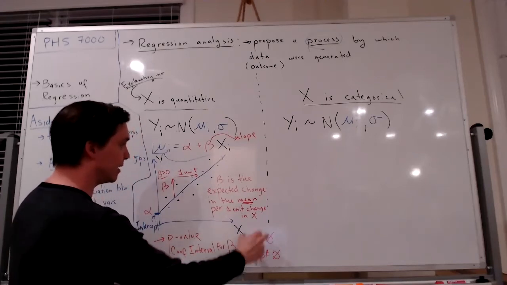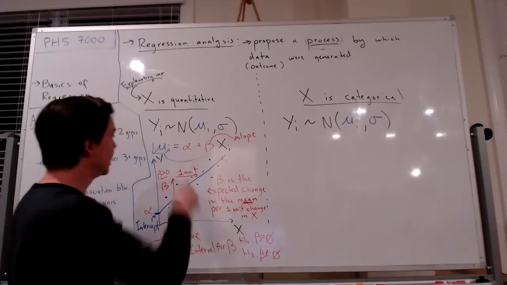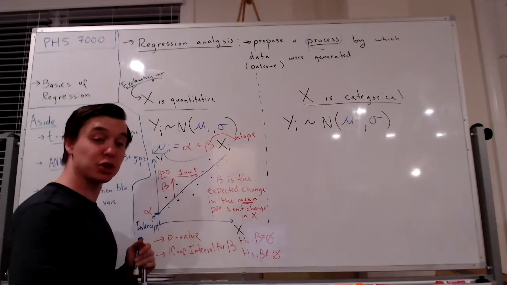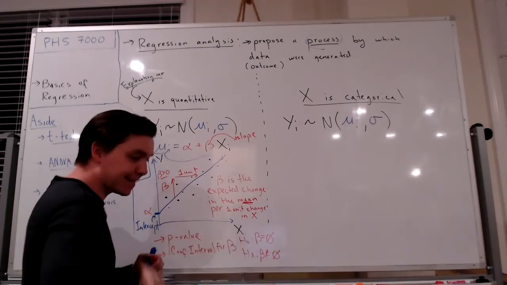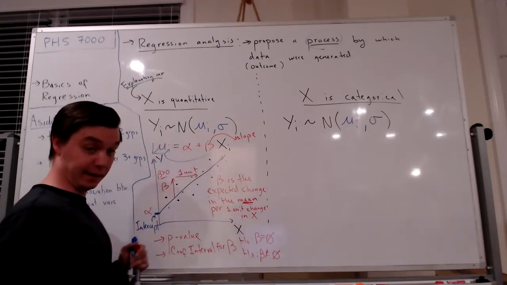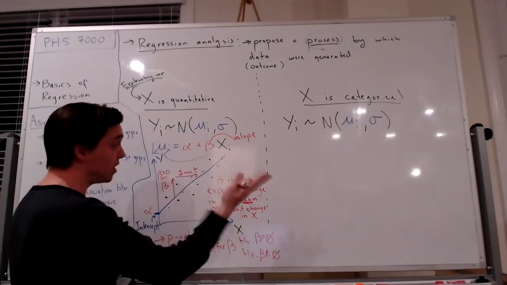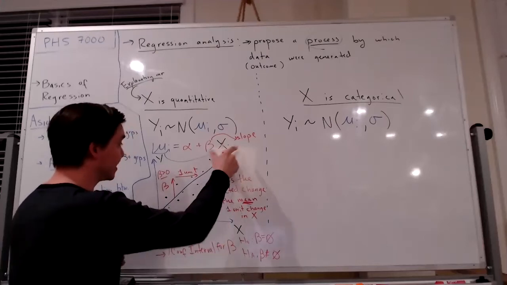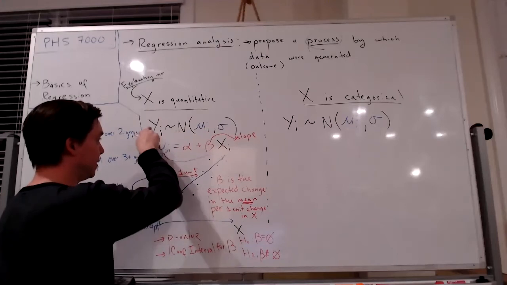So when we set the null as beta is equal to 0, under the null, the mean doesn't depend on x at all. So if we reject that beta is equal to 0, we're saying that there is some relationship between x and the mean of y. If we fail to reject, we're saying that it is plausible that this beta is equal to 0, and therefore it is plausible that x doesn't affect the mean of y.